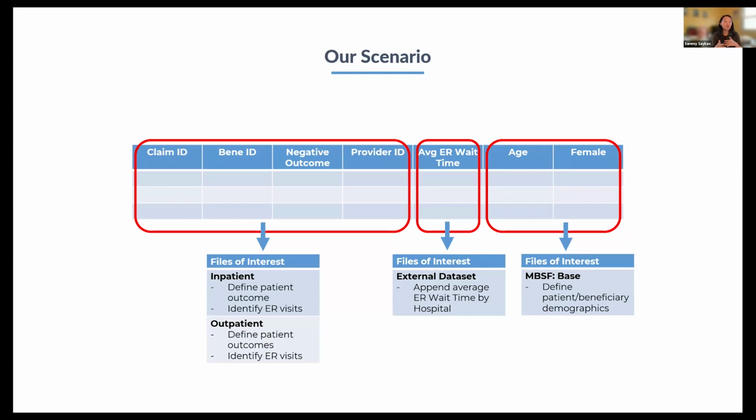We're also going to use those files to define patient outcome. The patient outcome stuff will be all off screen, so we're not going to dive too deeply into that. Then we have average ER wait time, which is going to come from our external data set. And then we have age and female, where age is continuous and female is 1-0. We're going to grab those from the demographic file, or the master beneficiary summary file.